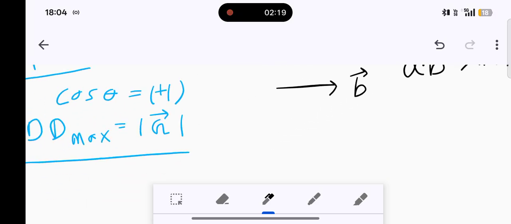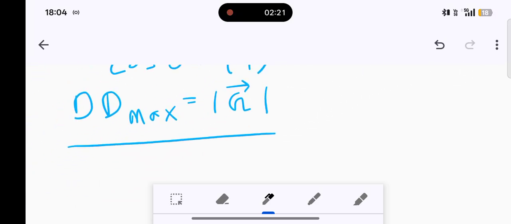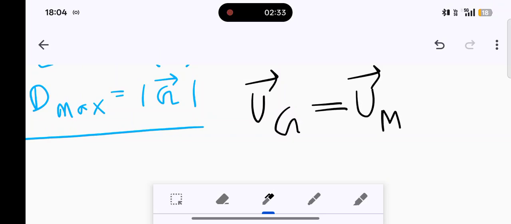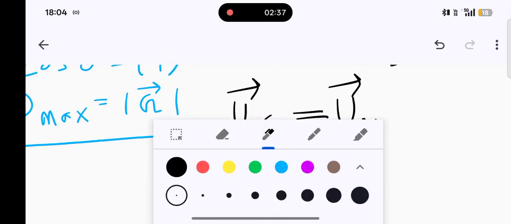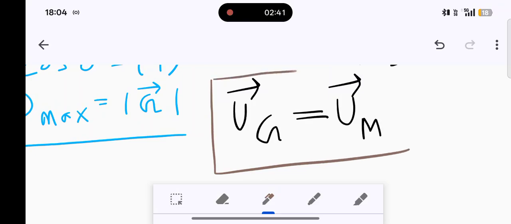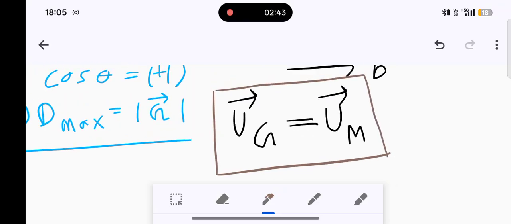So for DD max, be careful, the unit vector of the gradient is equal to the unit vector of m. M means the second vector, right? So this is the condition you need to remember. Hopefully you can understand, and this is the main condition.